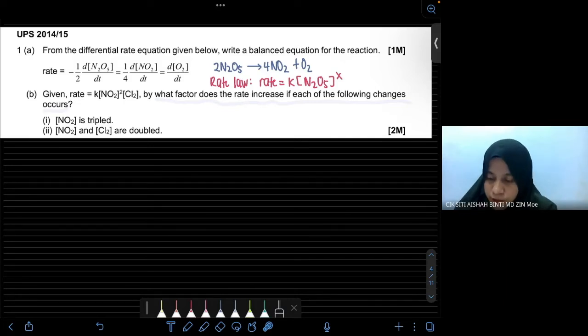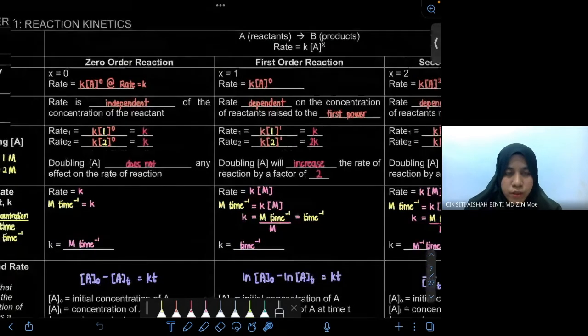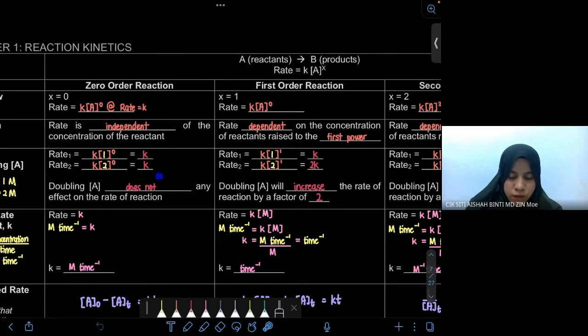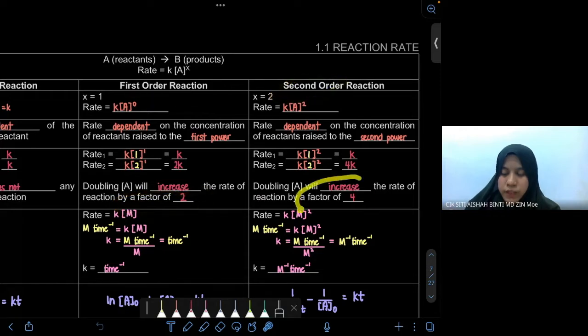Kita tengok balik kat nota jap. The effect of increasing your concentration of reactant. So kalau kita tengok zero order, does not have any effect. First order increase by a factor of 2. Okay. Kalau second order increase the reaction by a factor of 4.